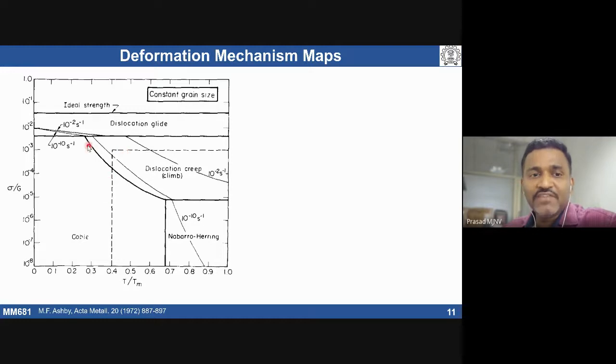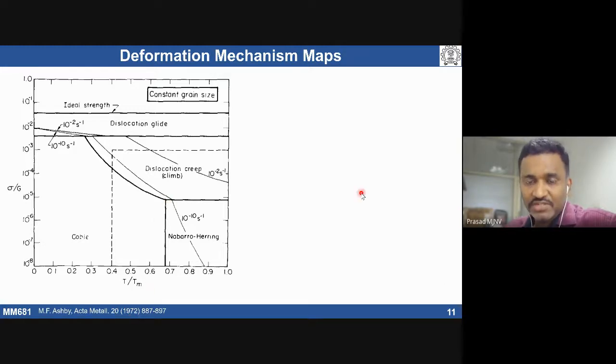But it requires some kind of computation, because we have non-linear curves. Nowadays that is not a difficulty; we can establish these non-linear curves. The boundaries between two mechanisms can be linear, or we can also see non-linear paths. I think this was started in 1972.